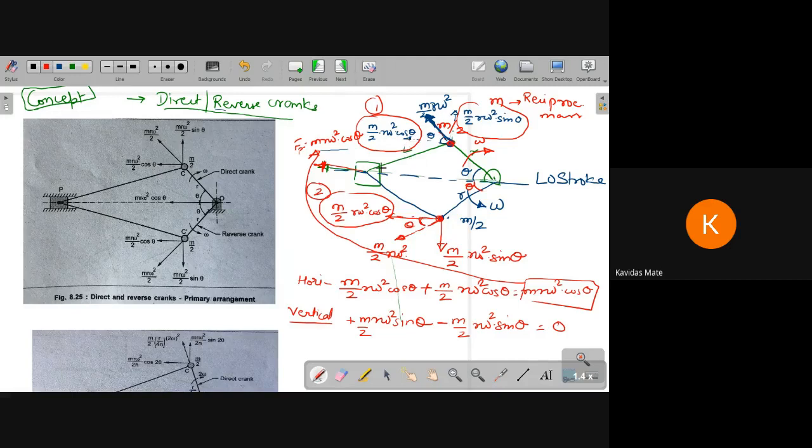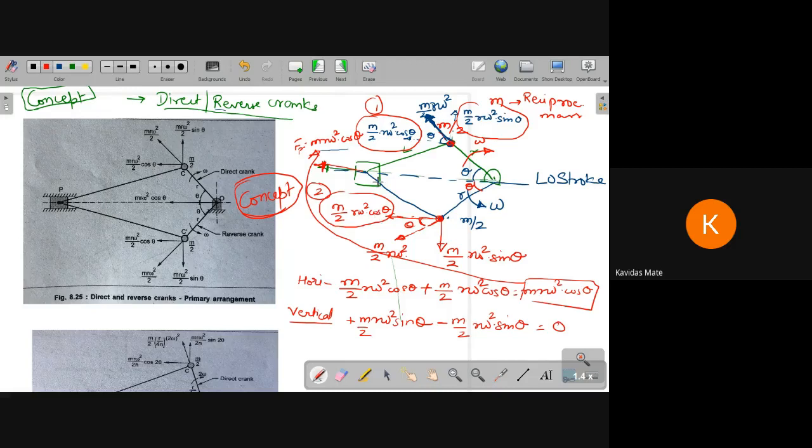If we put a mirror image of this engine, taking the line of stroke as the mirror plane, the mirror image engine gives another force m by 2 r omega square cos theta. These two forces balance out or resemble m r omega square cos theta. This is the concept for solving problems on radial engines.